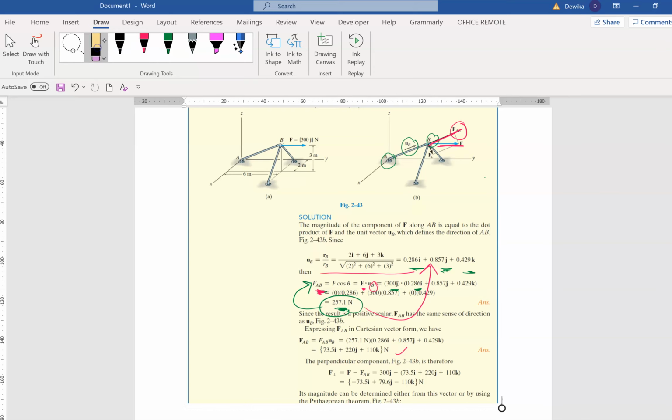Okay, so now we have got the value. I'm going to erase this and only highlight the final value, which is FAB. Okay, so that's done. Next we need to find, so what do we have here?